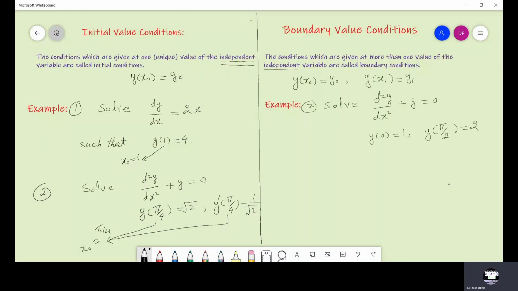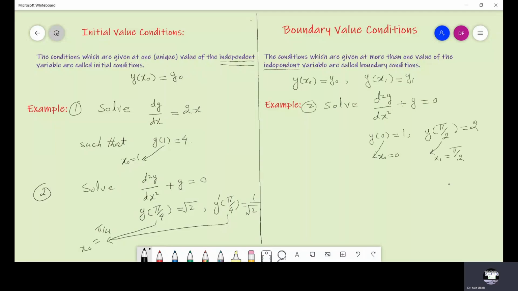Now we can see that there are two values of the independent variable. In this case, x naught is equal to 0 and x1 is equal to pi by 2. So this is a boundary value problem and the conditions are boundary conditions.